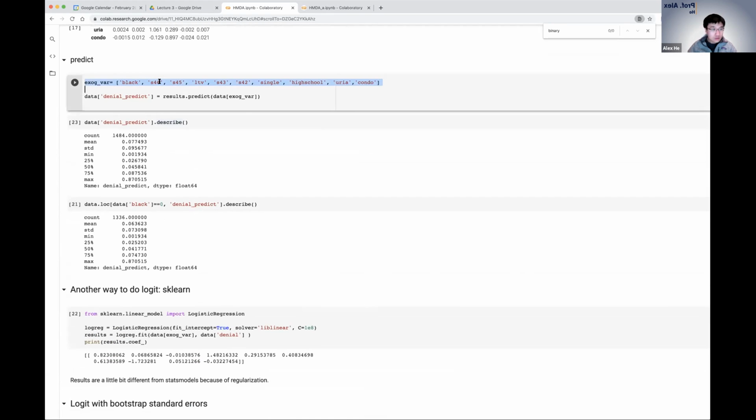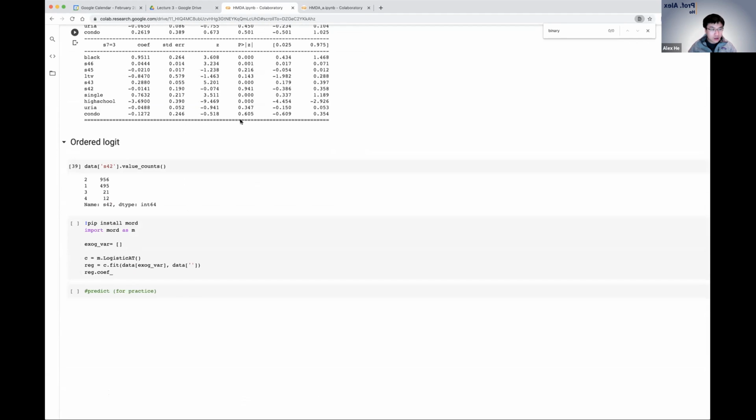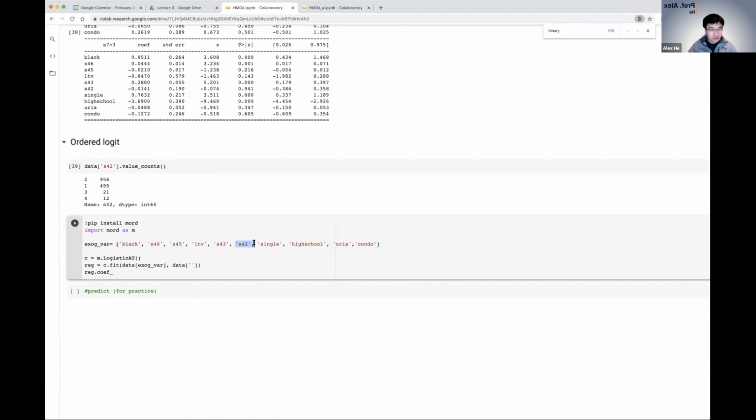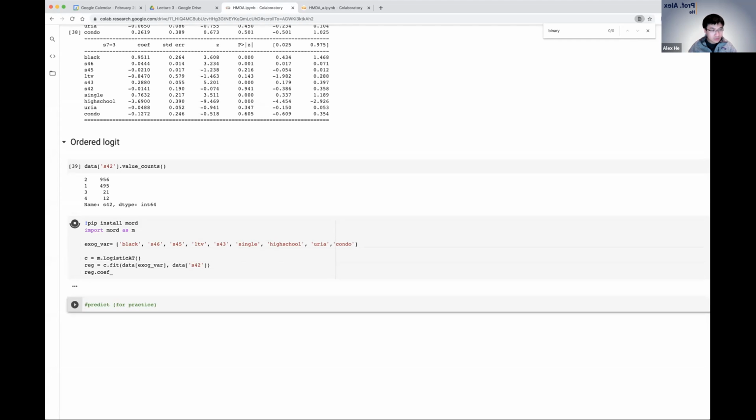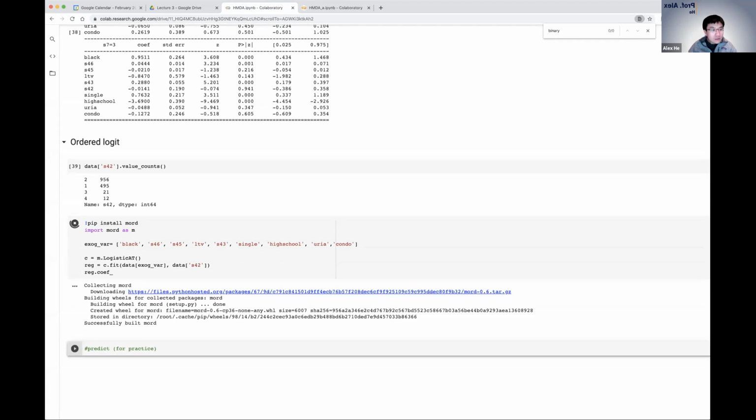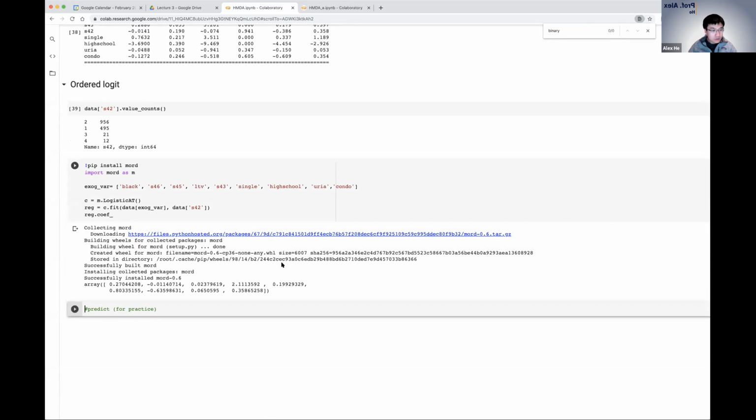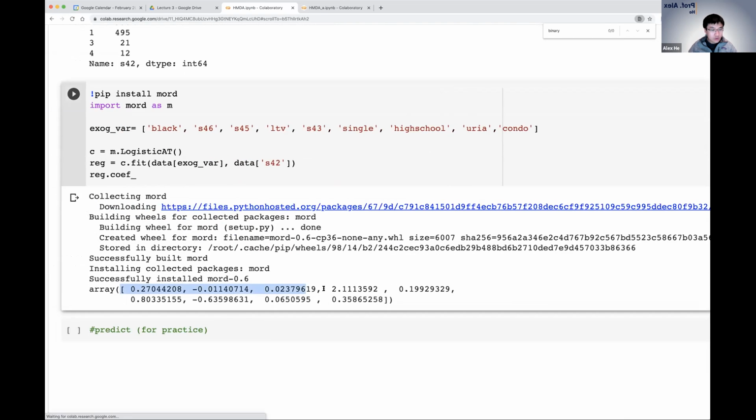We don't want to have the same thing in the X and Y variable. So we drop that one, and then put S42 here, and do that. Okay. So that gives you these coefficients.